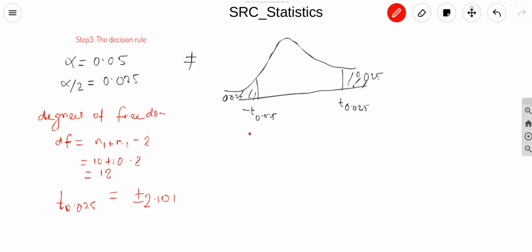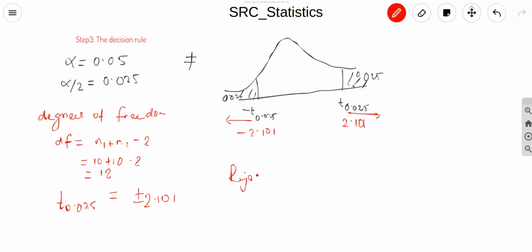Why plus or minus? Because on the left side it is negative 2.101 and on the right side it is positive 2.101. So these two sides are the critical region. If the value of the test statistic falls either to the right of 2.101 or to the left of negative 2.101, we reject the null hypothesis.